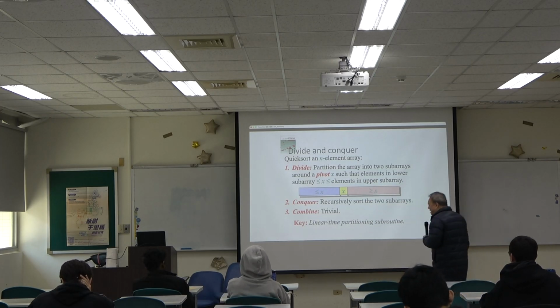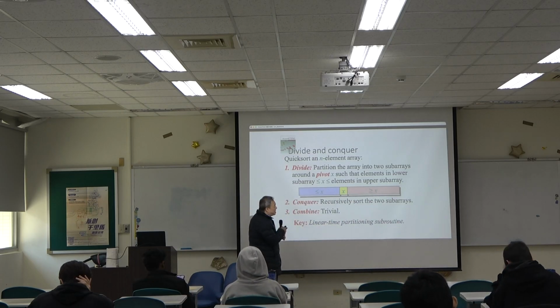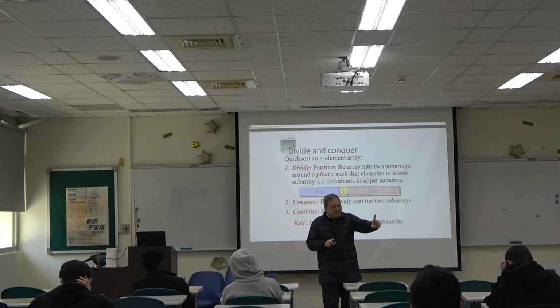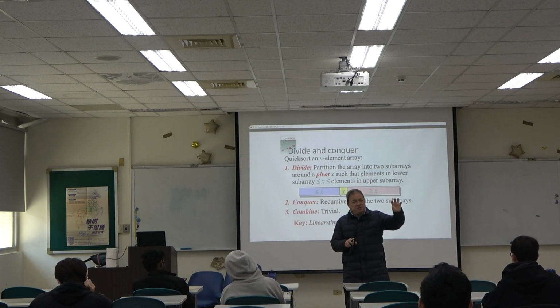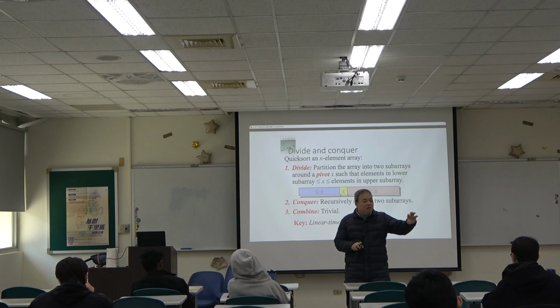So what is the divide? The divide is like this. First you find a number. This number, usually we just take the first number in the array. That's the easiest approach, but it doesn't have to be.